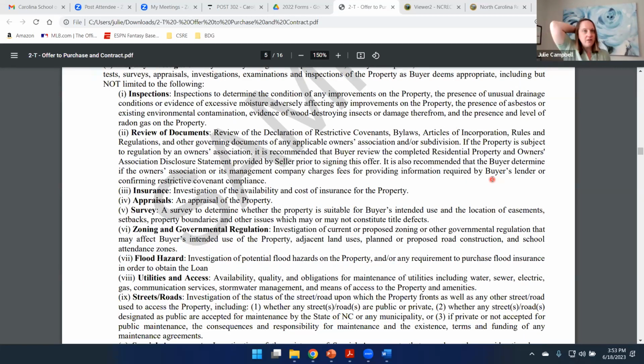So here's our laundry list of things that the buyer should consider doing so they can learn about the property in due diligence. So there's our inspections, includes our home inspection, pest inspection, review of documents, covenants, bylaws, etc. if we're in an HOA.